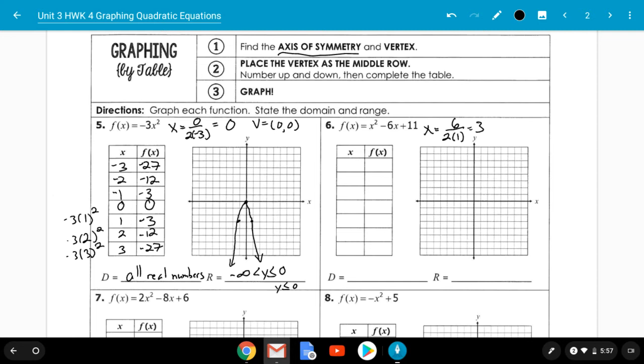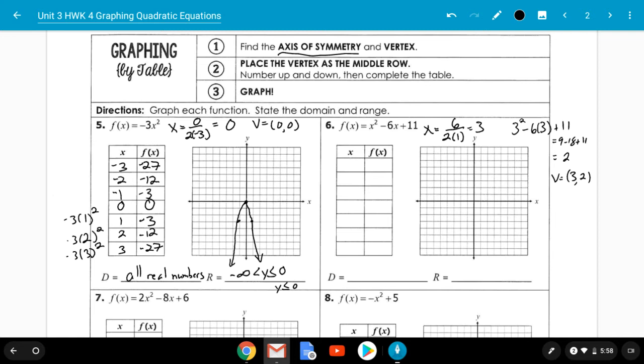Then when I plug it in, I will have 3 squared minus 6 times 3 plus 11. 3 squared is 9, minus 18 plus 11. 9 minus 18 is negative 9, plus 11 is 2.